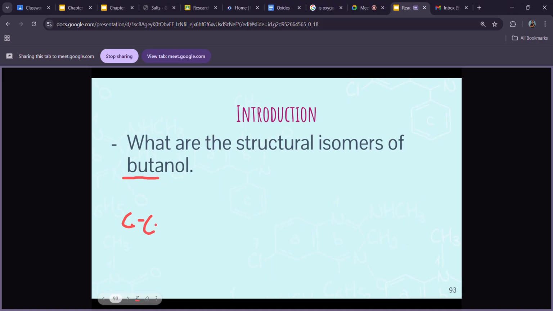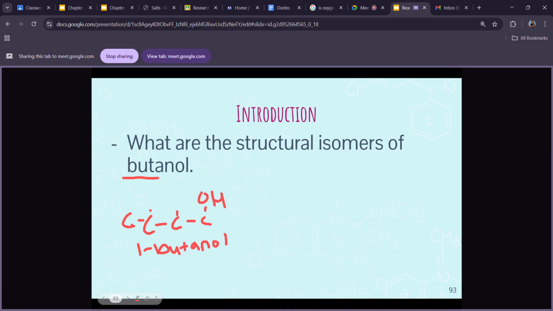It's gonna be 1, 2, 3, 4, and I'm gonna put the OH here. So this is going to be called 1-butanol, since the OH, the hydroxyl group, is on carbon number 1. So it's 1-butanol. Does anybody want to suggest how I could make another isomer of butanol?